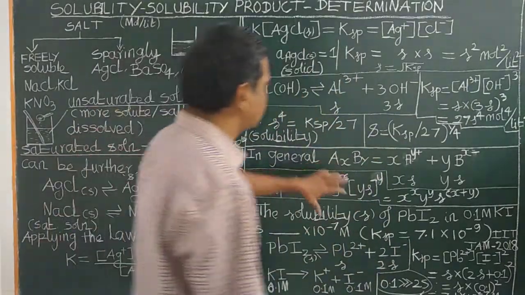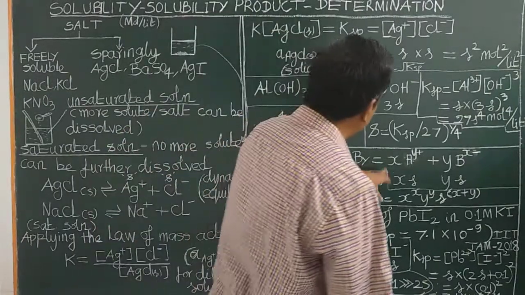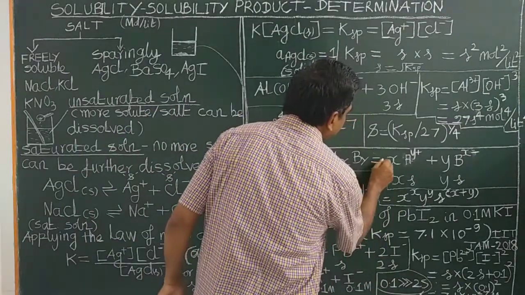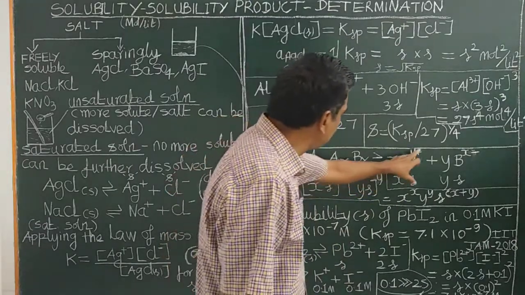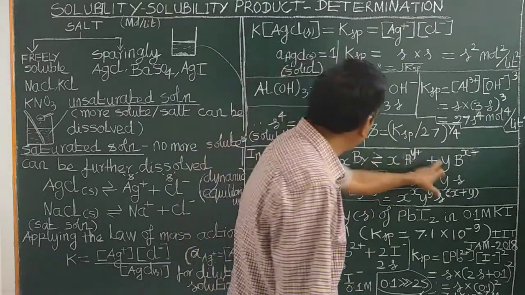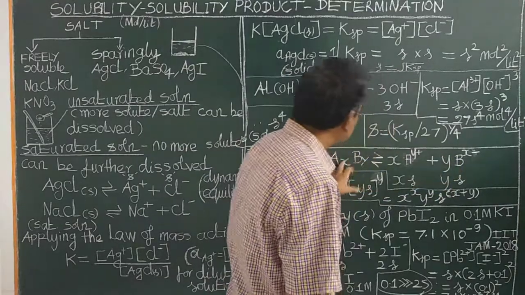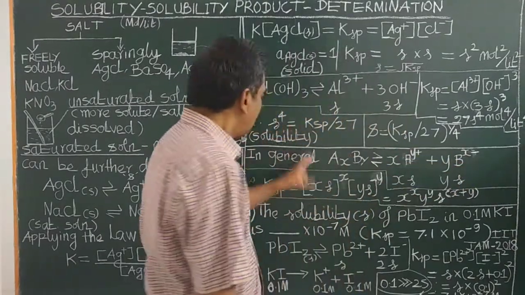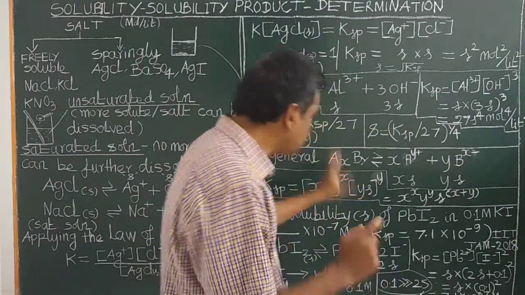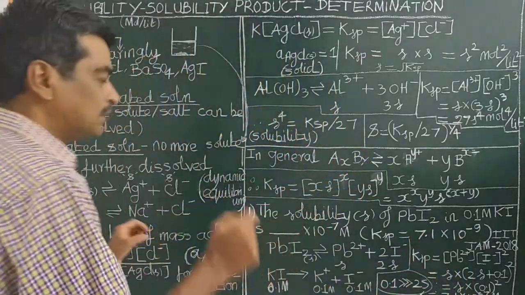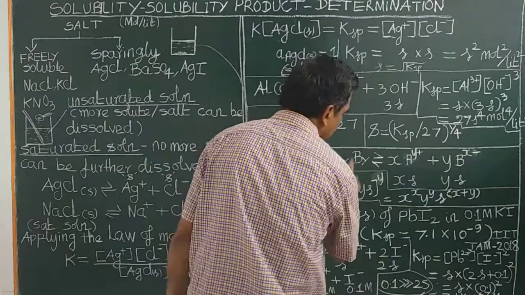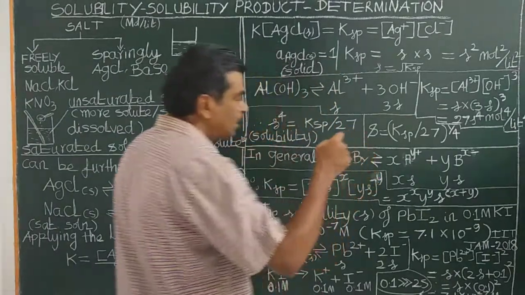In general, for a salt AxBy giving x A(y+) and y B(x-), let us consider that S moles of the salt is soluble.